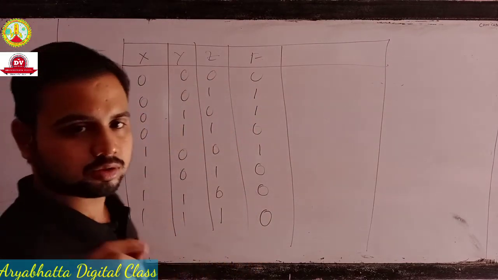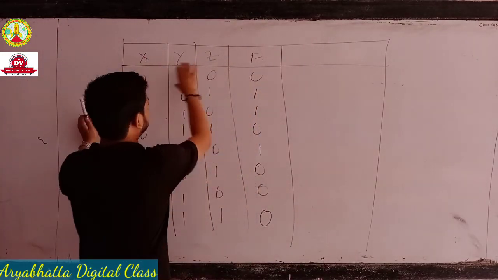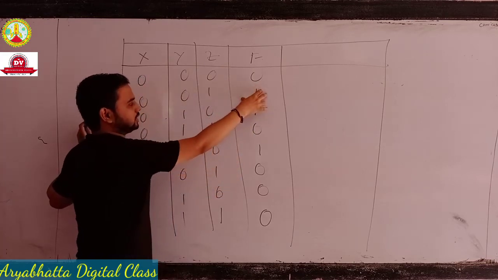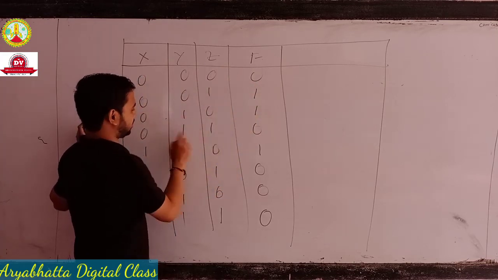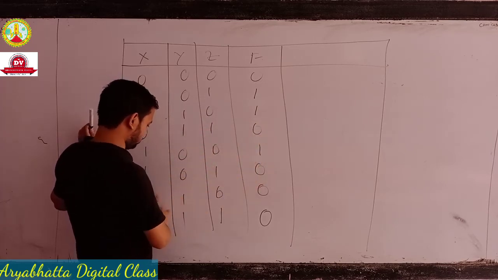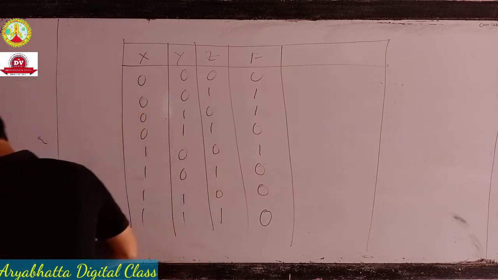Only 1 value in the input, an odd number, means only 1 value. In here you see 0, 0, 0 and 0, 0, 1: only one input value is 1, so the output is 1. Here there are two 1s, so 0, and the case with three 1s is also 0. So the output is 1 only for a single 1.